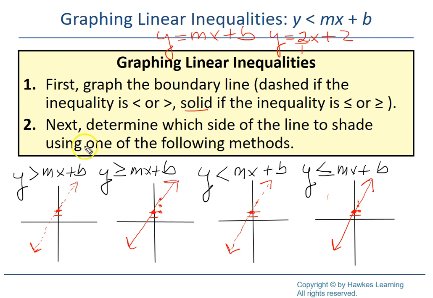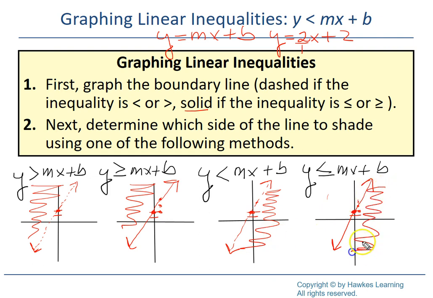This is a positive y. Then the upper part here is shaded. So it's shaded up here. If you have a less than, y is less than something, then you shade under the line. And that's the major differences.